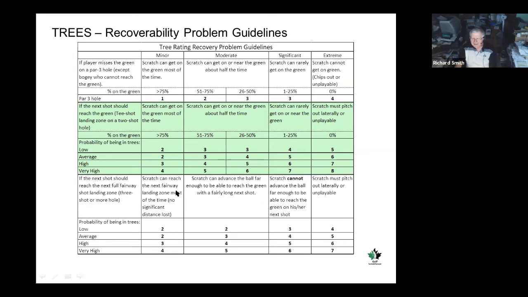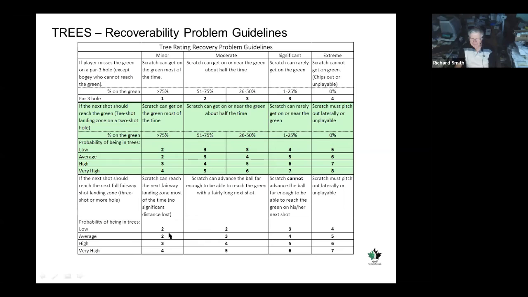And you look at, can reach the fairway landing zone most of the time, or can advance the ball at least far enough to be able to reach the green with a longer next shot, cannot advance the ball far enough that he or she will be able to reach the green, or must pitch out or take an unplayable lie. And then again, we have those values all the way from 2 to 7, depending on the combination of recoverability and probability of being in the trees.